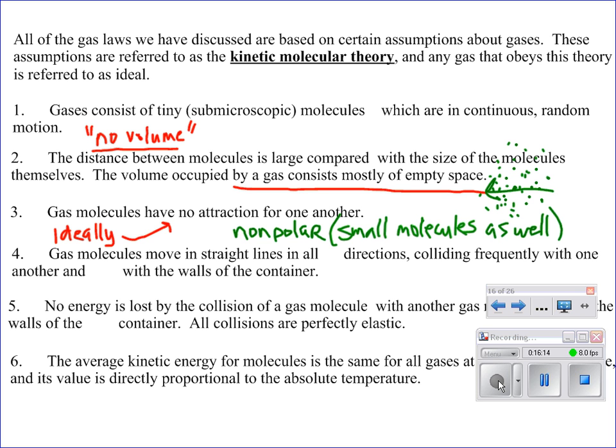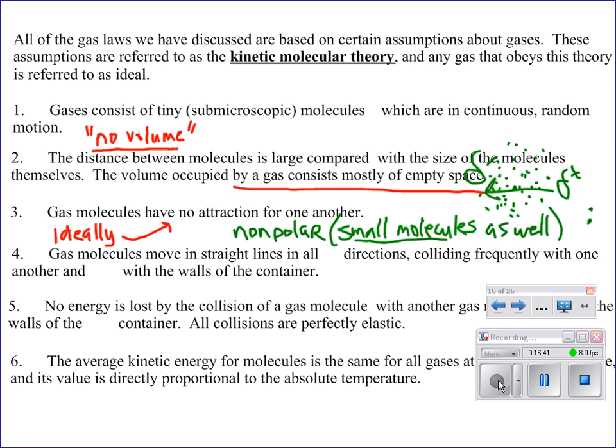Shifting to one side, we have a partial negative and a partial positive polarity created. So if we have a bunch of electrons, we tend to have more attractive forces than if we just had hydrogen. So ideally, gas molecules have no attractive forces, so we want them to be nonpolar or small to be the most ideal. We'll talk about ideal versus non-ideal tomorrow.